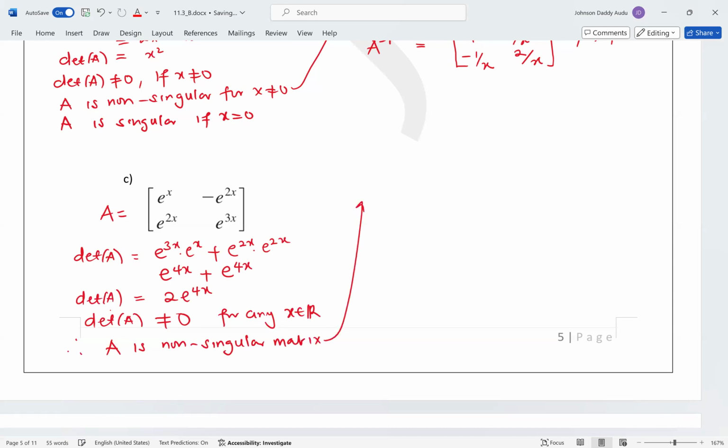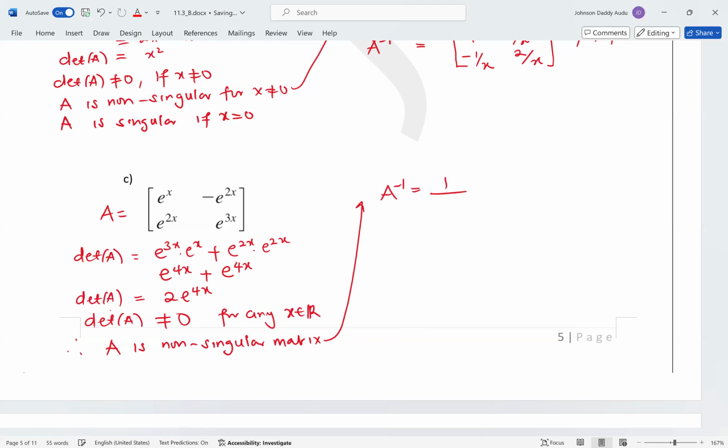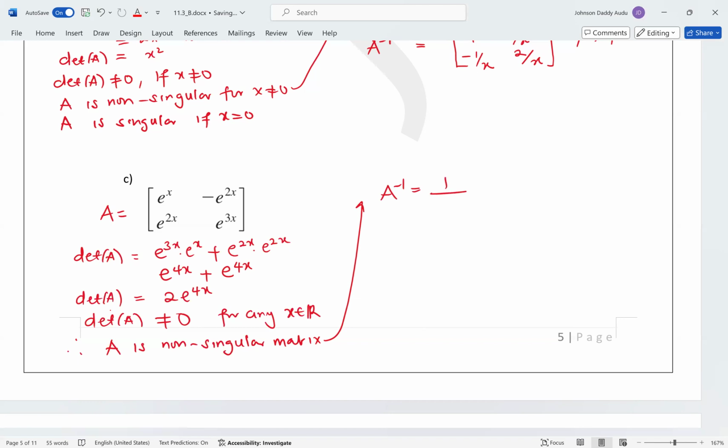Now, since it's non-singular, we can easily find the inverse, which is going to be 1 over the determinant, which is already this one. Then here you will have, so here now we have to interchange this.